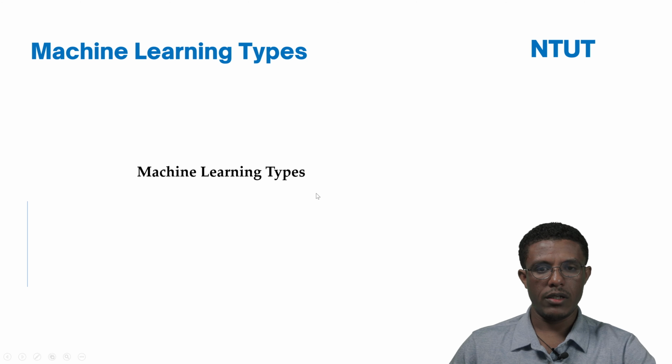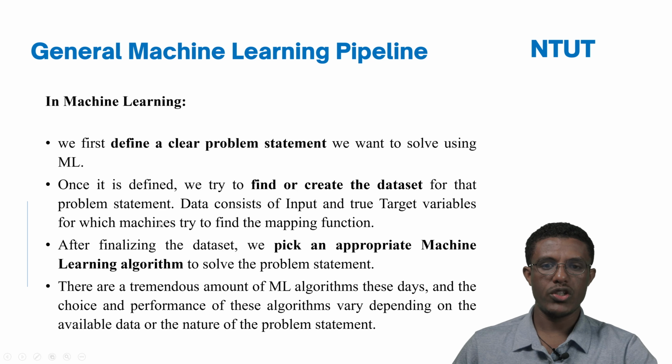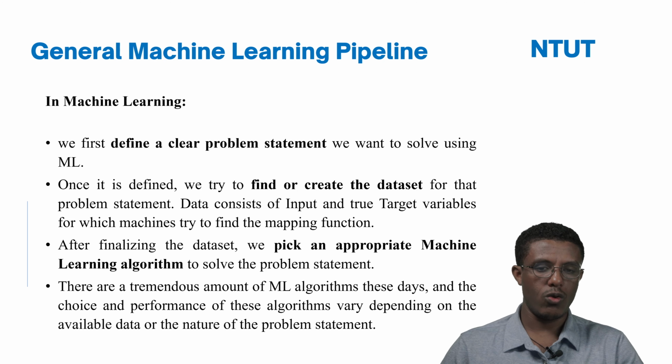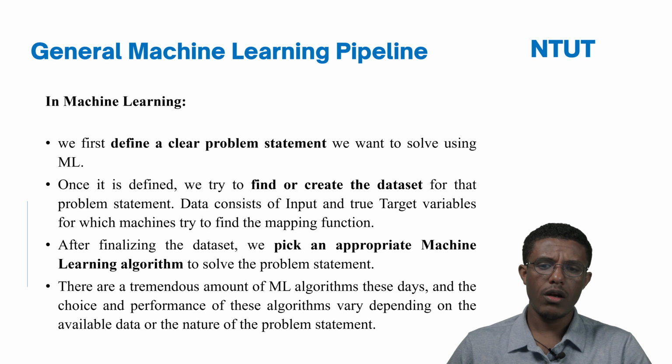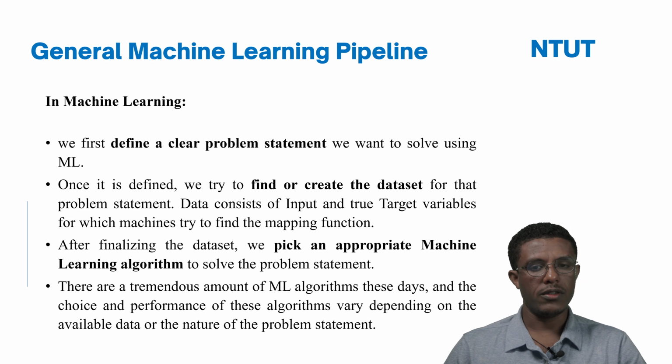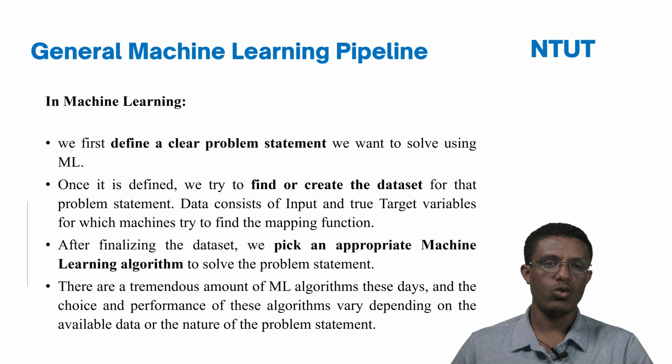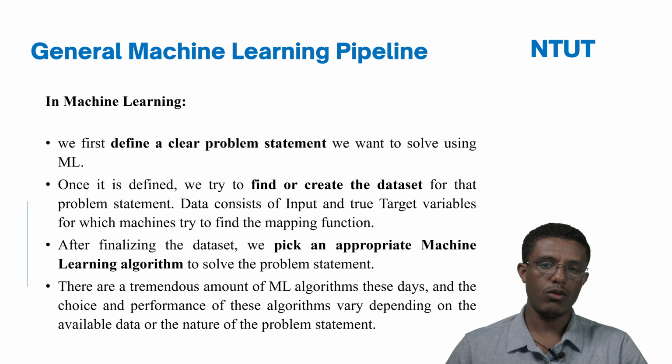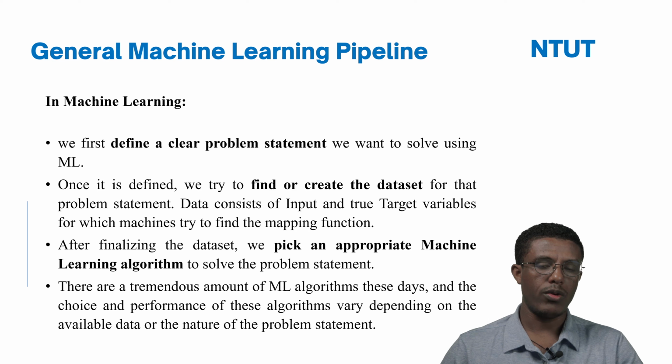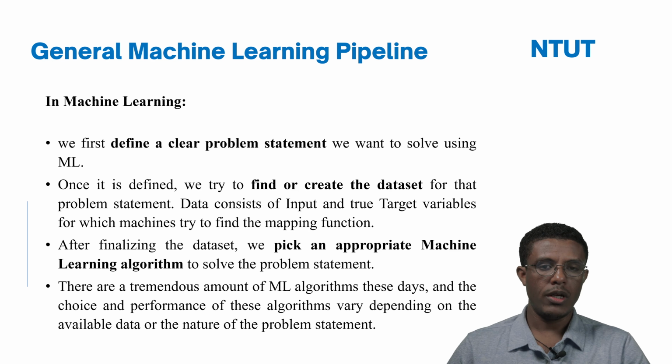In the previous class, I mentioned how to define the type of machine learning algorithm. In order to select our machine learning algorithm, there are some steps we need to do before deciding. For example, the first one is to define our problem.